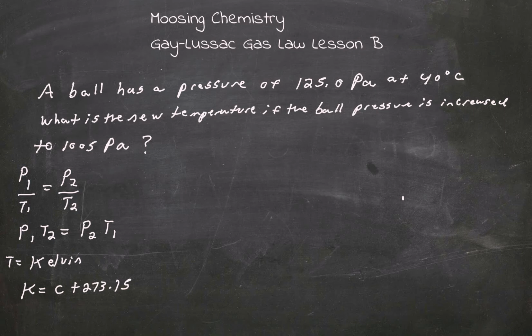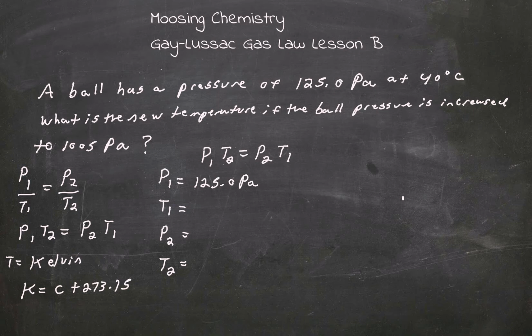All right, so now let's go up here and write down P1 T2 equals P2 T1. And again, P1 T1 P2 T2. So you have 125 pascals.